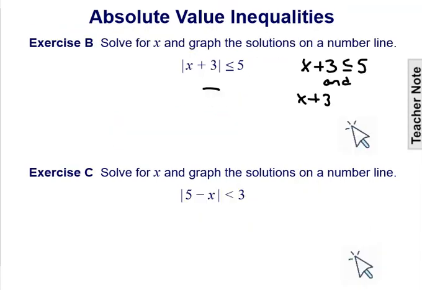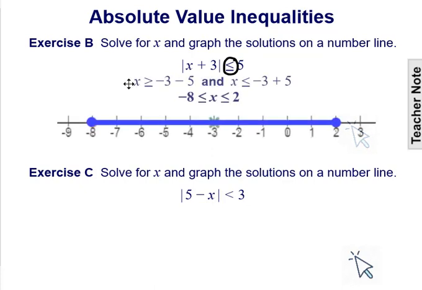Here are two more. So we have a little preview here. Let's see how we get there. So we have the absolute value of x plus 3 is less than or equal to 5. So less than, again, should be an and compound inequality that we can split up as either x is greater than or equal to negative 3 minus 5 and x is less than or equal to negative 3 plus 5.